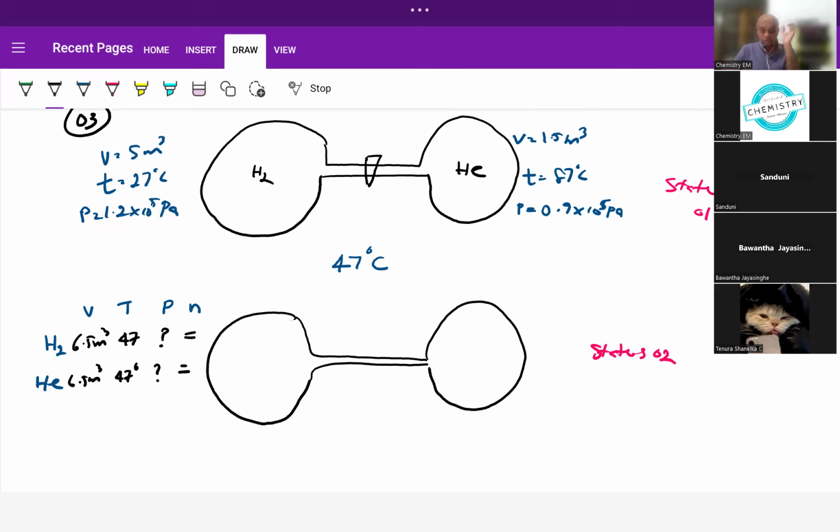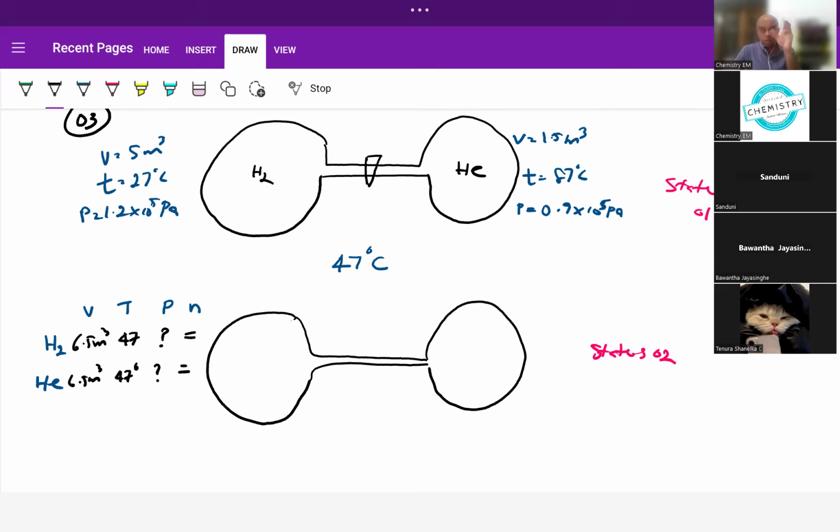Now, the number of moles is a constant, and we can consider the gases separately, even though in the second status the gases are mixed.